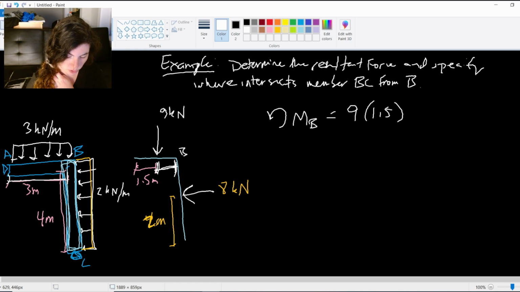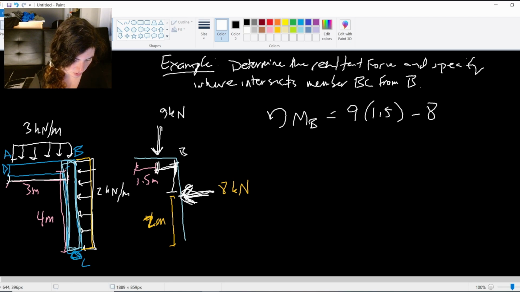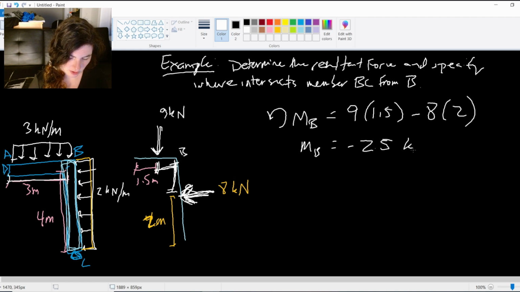And then I will do the 8 kilonewtons, right? This one is going counterclockwise. This one is going clockwise, however, so minus 8 kilonewtons times this distance of 2 meters. So I get a moment about B of negative 2.5 kilonewton meters.